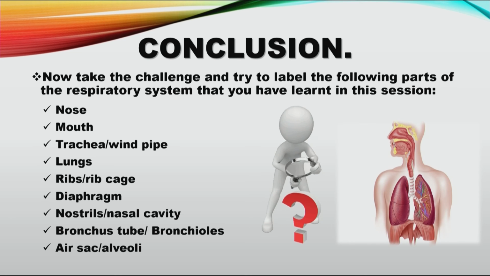So remember, you label the nose, the mouth, the trachea and the windpipe, the lungs, the ribs or the rib cage, the diaphragm, the nostrils or nasal cavity, bronchus tube, and the air sacs. I hope you got them all in your notebook for future use, okay?